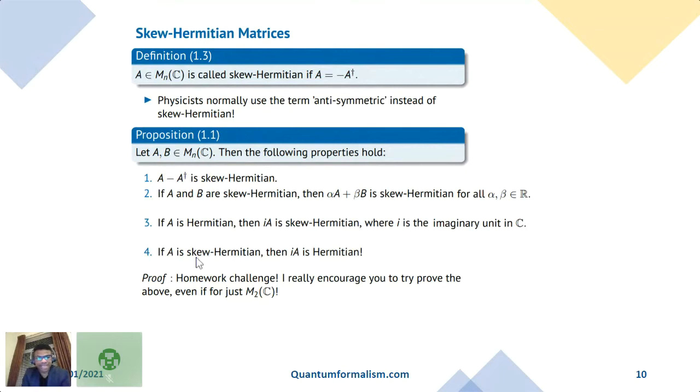And if you do the same with a skew Hermitian, you get a Hermitian back. So multiplication by i takes you from Hermitian to skew Hermitian. This will become a very interesting property when we deal with commutators and these things.